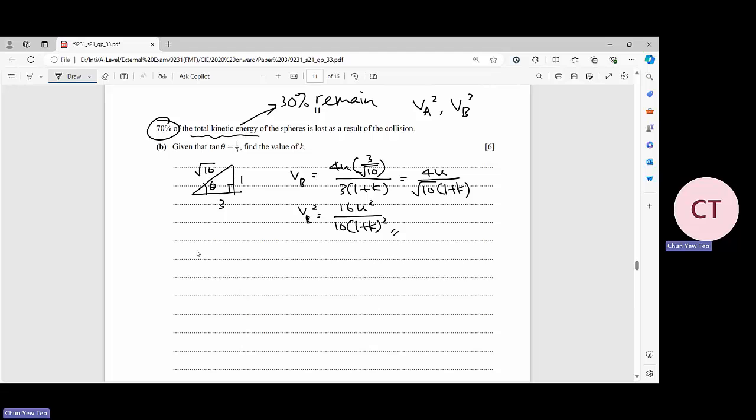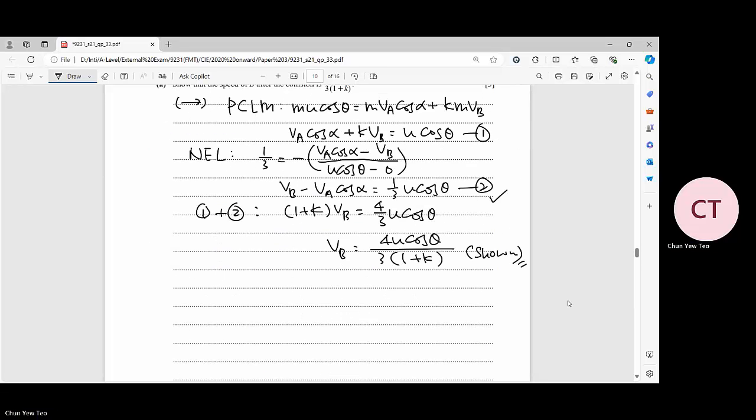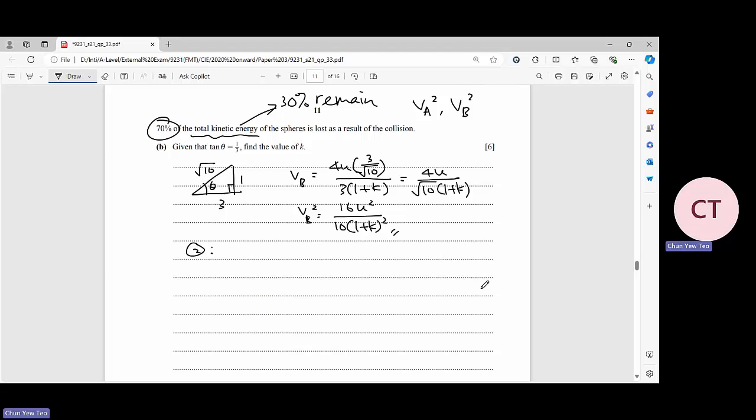Now we want to find VA square. But we are not able to find it directly. From equation number 2, we just need to find VA cos alpha. VA cos alpha will be VB minus 1/3 u cos theta. Your VB is 4u over root 10, 1 plus k, and u cos theta is 3 over root 10.